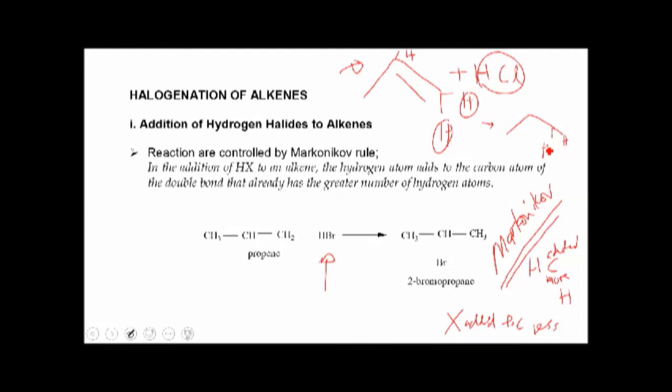For skeletal structures, you may want to omit the hydrogen. HCl is made up of 1 hydrogen and 1 chlorine, so hydrogen will be added there, while here you will add your chlorine. If you want to put the hydrogen there, that is fine as well.